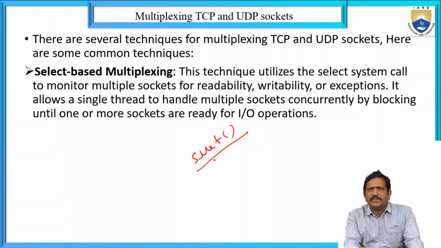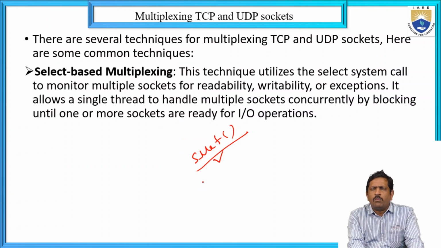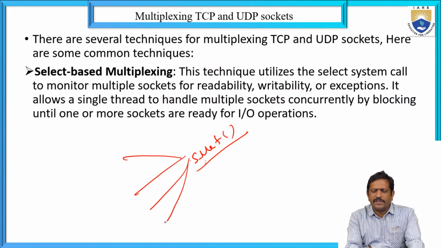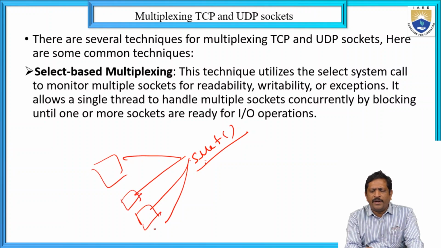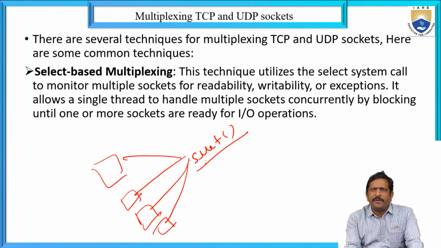With these select system call functions, we are monitoring multiple sockets for readability. The select system call function selects a number of devices, and monitors the multiple sockets. Why? Because a number of sockets can be arranged at each and every device.